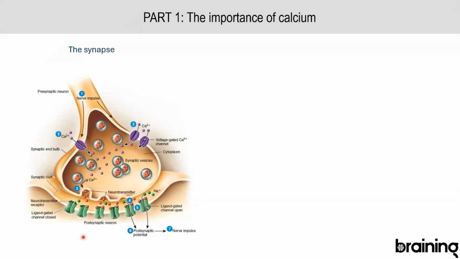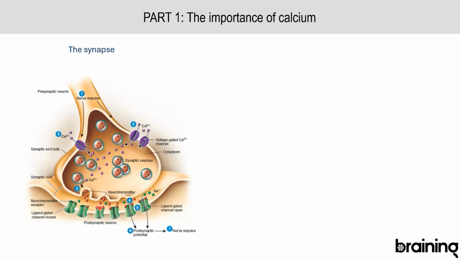Okay, so why is calcium so important in the central nervous system? So first, we can think of the synapse. And we know that in the synapse, the entry of calcium into the presynaptic terminal is very important, because it's this entry of calcium through voltage-gated calcium channels upon the arrival of an action potential to the presynaptic terminal that will lead to the fusion of the synaptic vesicles with the presynaptic membrane, and in this way we have the release of the synaptic vesicles' content.